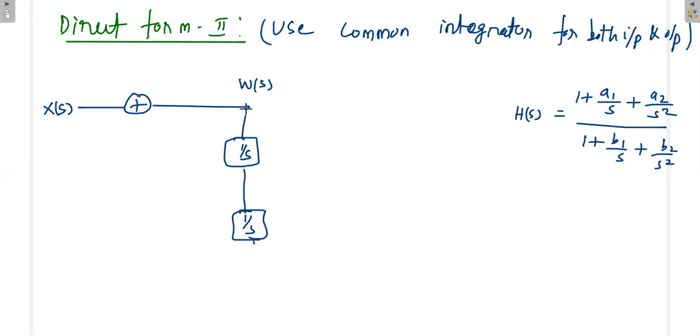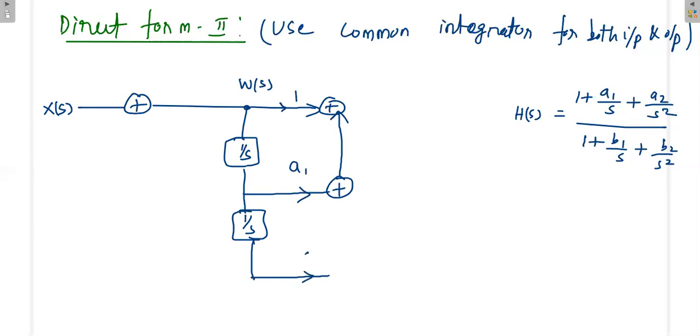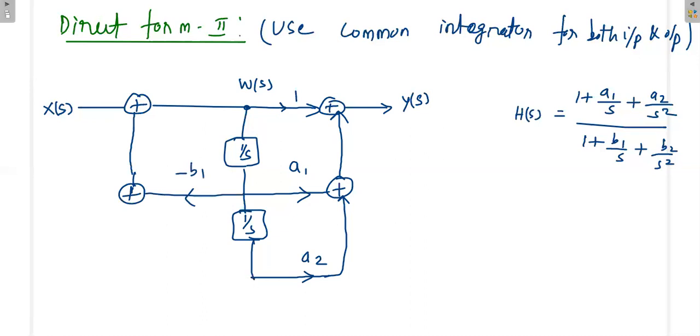Now this side with a gain a1, this is a2. Finally this is Y of s. This is minus b1. This is minus b2.